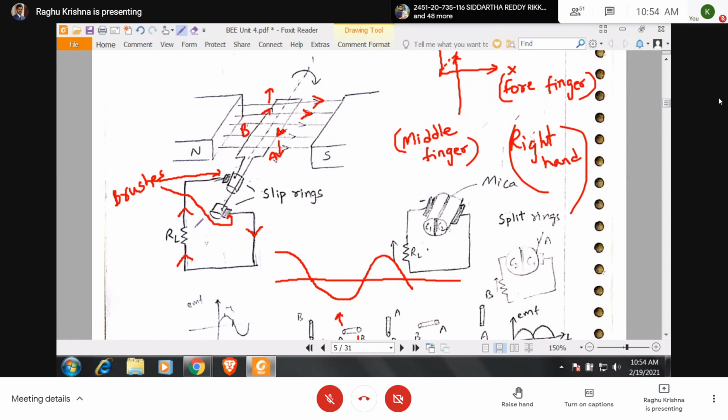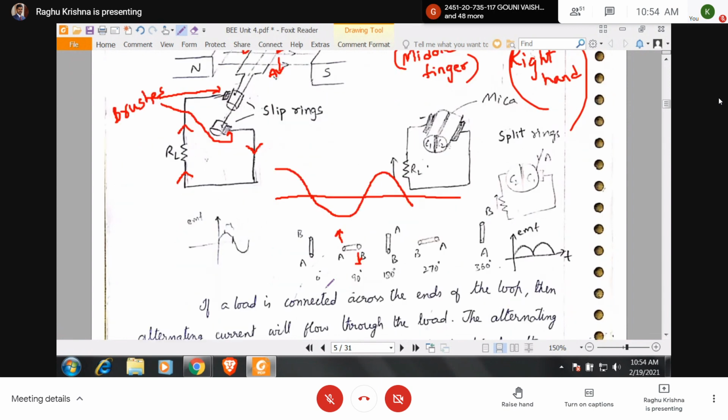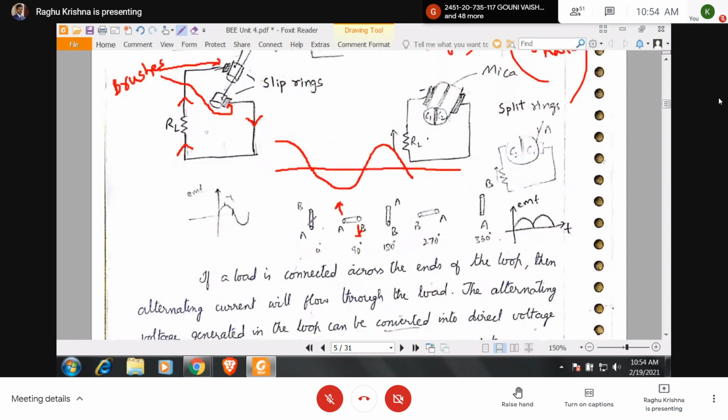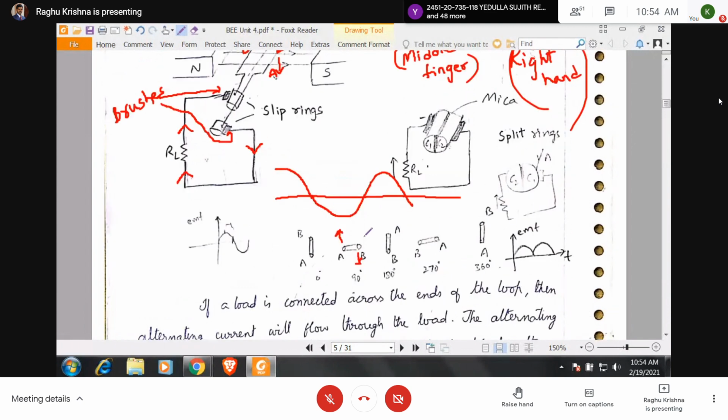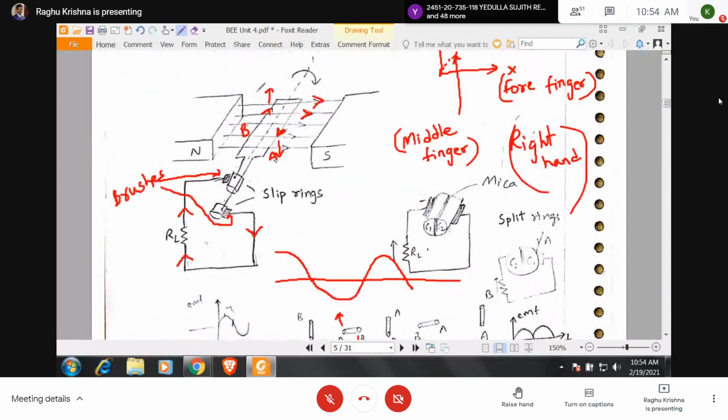Now, after 180 degrees rotation, you can see here A will be moving up, B will be moving down. Now here, this position is taken by A. See here. So in that case, you can draw like this. Okay.